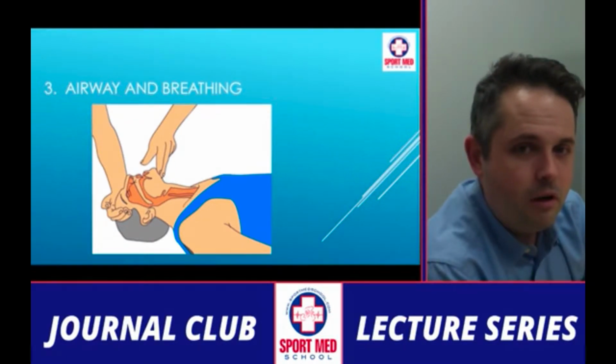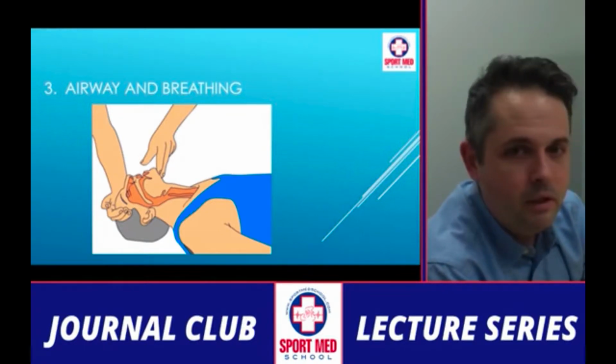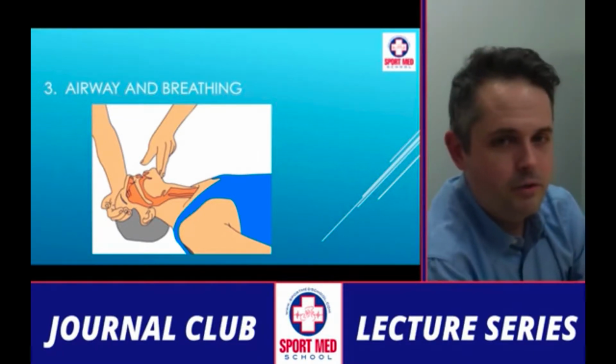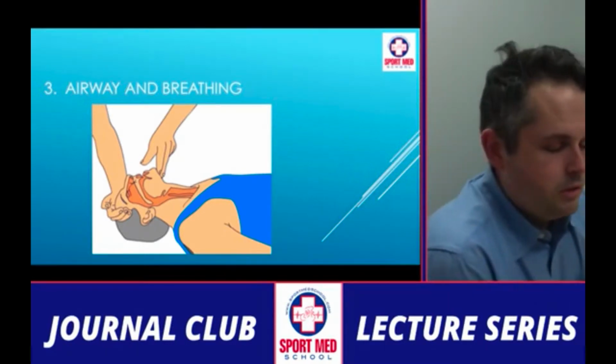As you can see, there are two patent access points for the airway, one through the oral cavity and one through the nasal passage. In the absence of a C-spine injury, obviously you can do a chin tilt to make that straighter and give greater access of oxygen to the lungs.